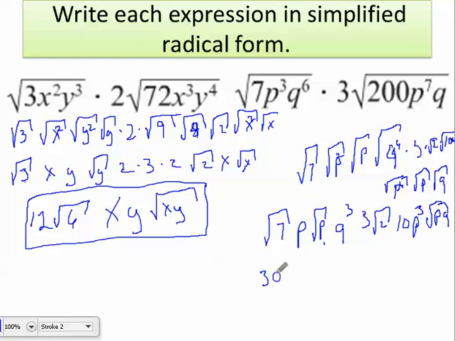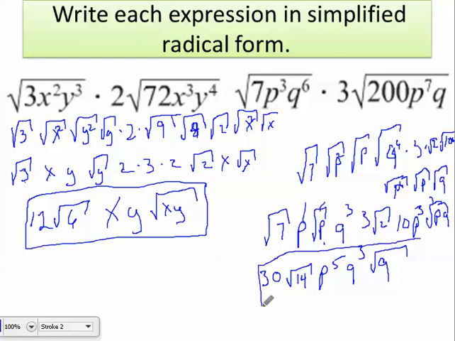That's 30. I've got the square root of 14. I've got 1p, and then I've got 2 p's and a p to the 3rd, that's p to the 5th. I've got a q to the 3rd, and I've got the square root of q. That p got taken care of over here. Okay? That would be my final answer.